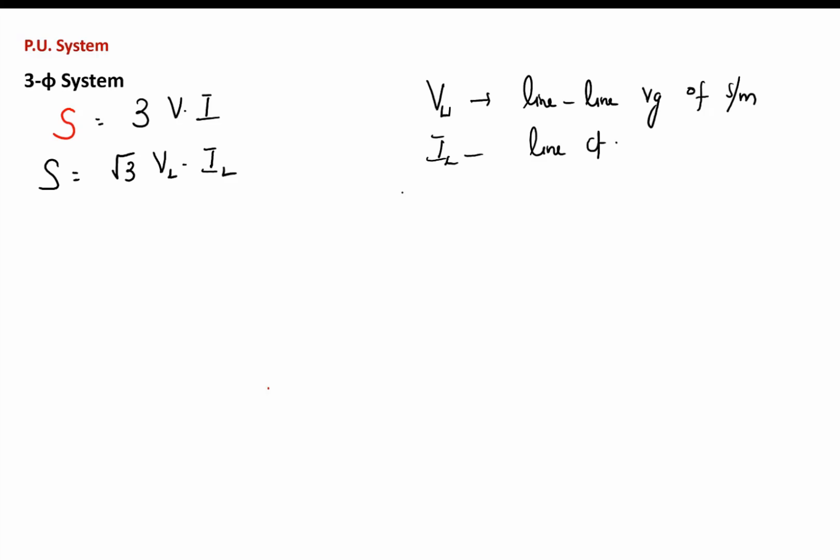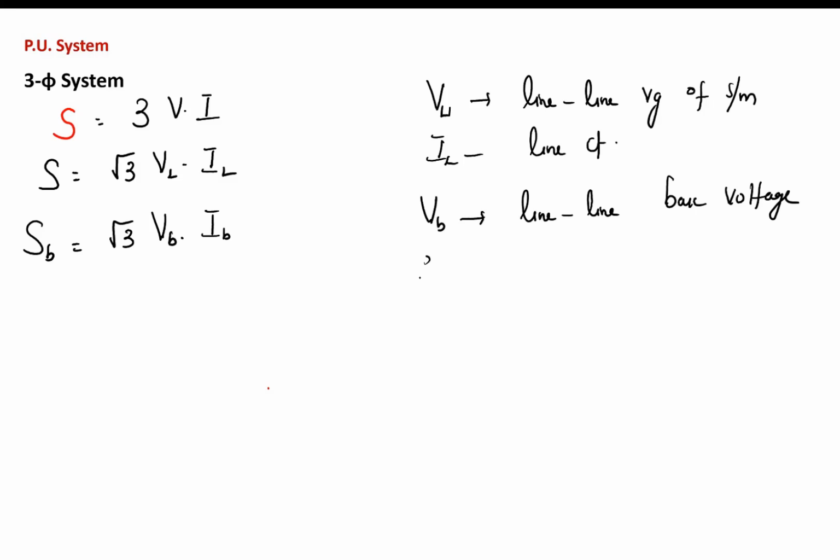Now, similarly, S base, the three-phase base MVA, will become root 3 VB into IB, where VB is the line-to-line base voltage and SB is the three-phase base MVA of the system.